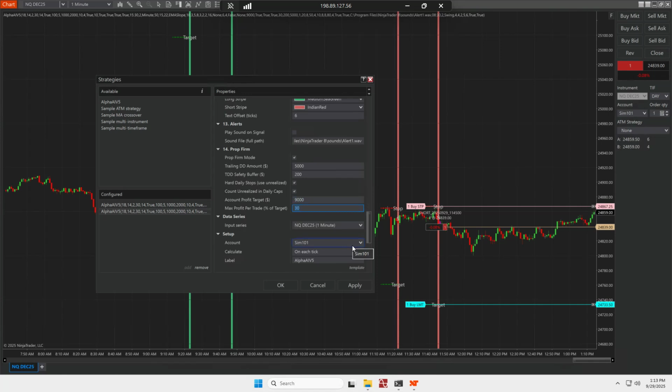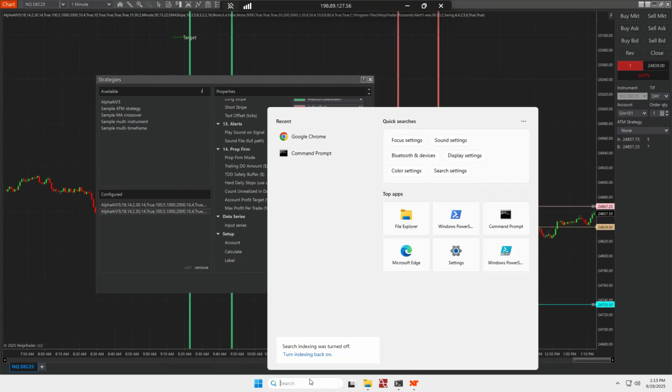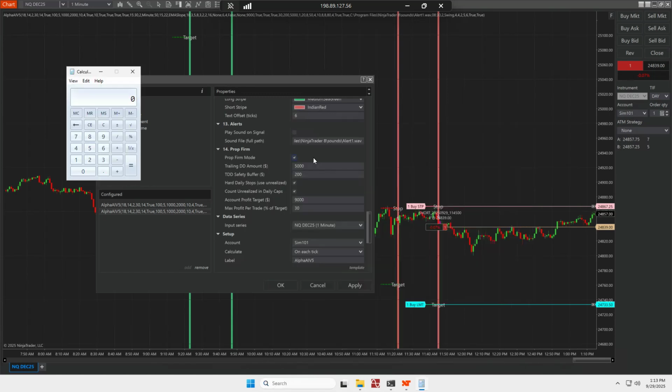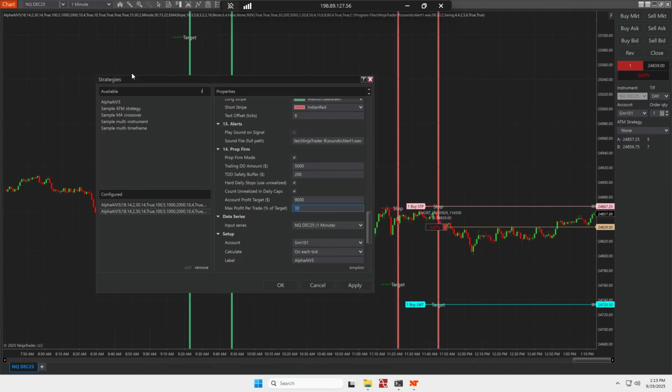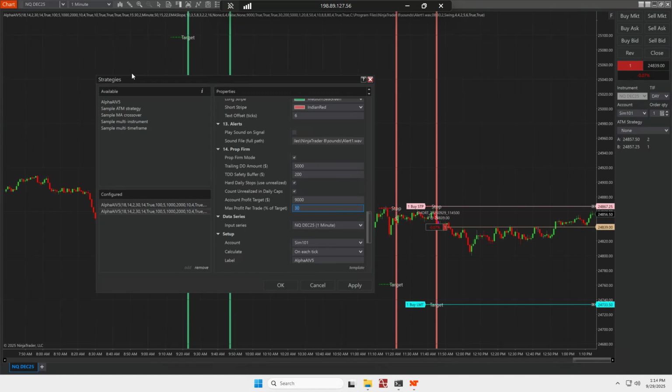The 30% of $9,000, I think is 1,800, or maybe 2,400, I'm not sure. Let me check the calculator. $9,000 times 30 divided by 100 is $2,700. So you cannot make any trade with profit of more than $2,700 by any chance. You cannot, right?